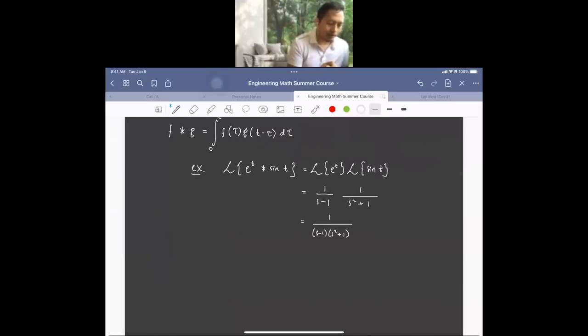Okay, now if we can Laplace, we can make the theorem for the inverse version of this, right?